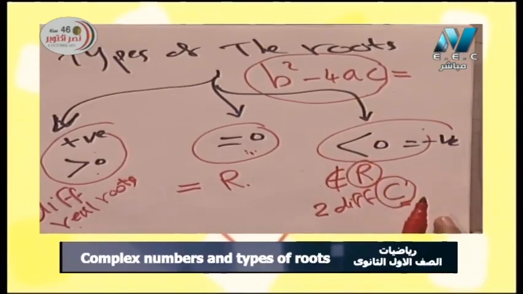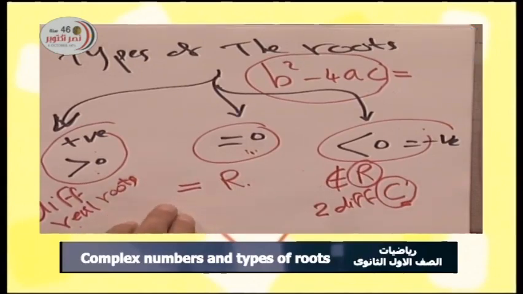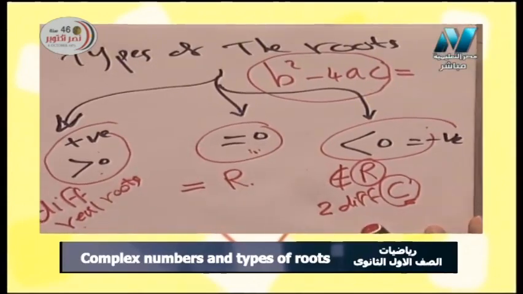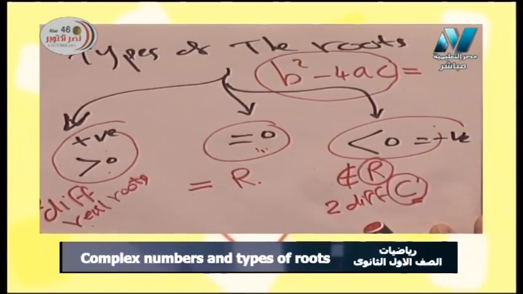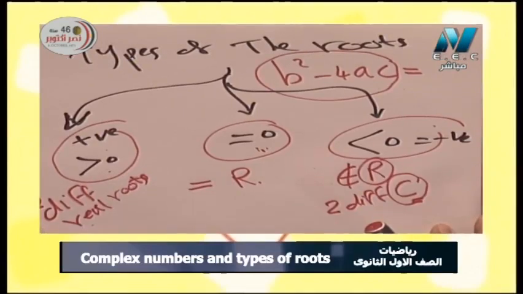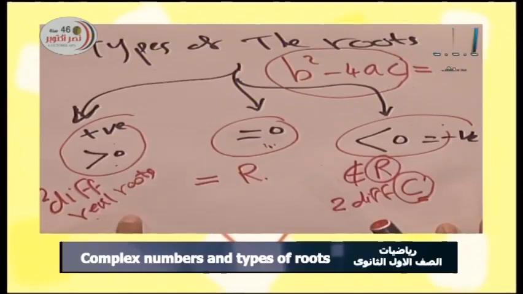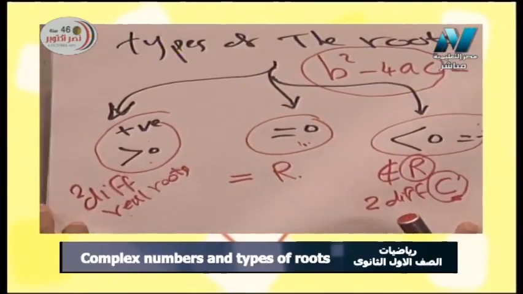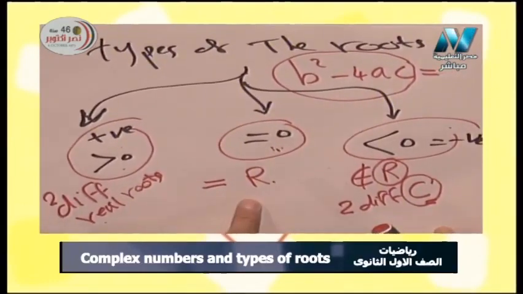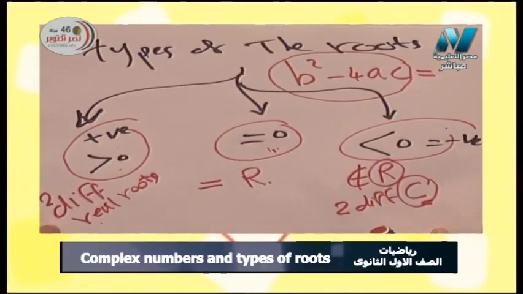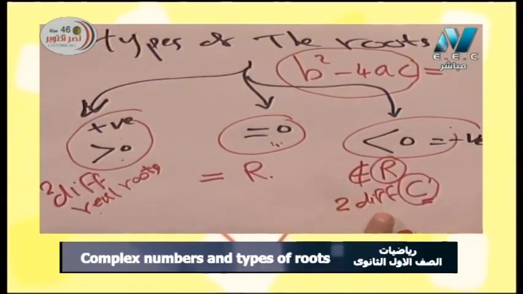Okay, let's see why. Why does the discriminant let us know whether the 2 roots are 2 different real roots, or equal real roots, or don't belong to R and are complex numbers?